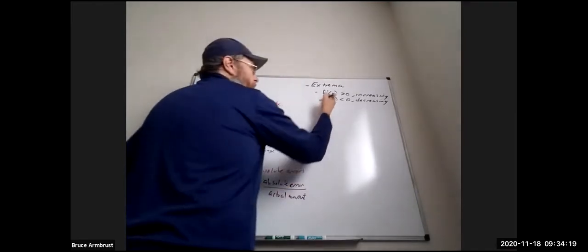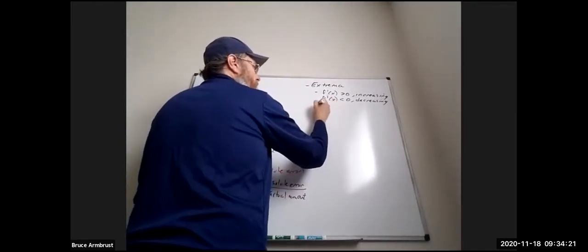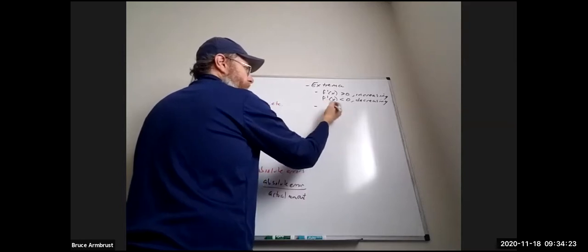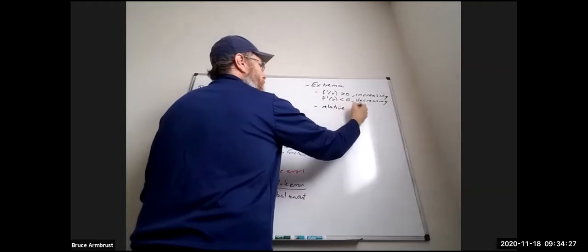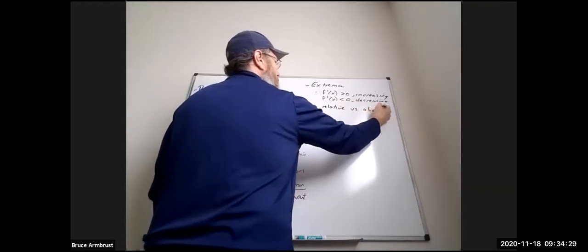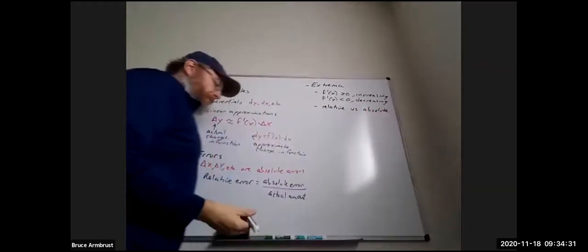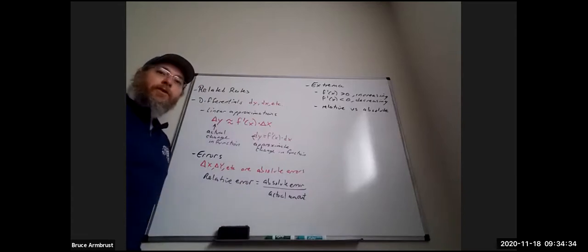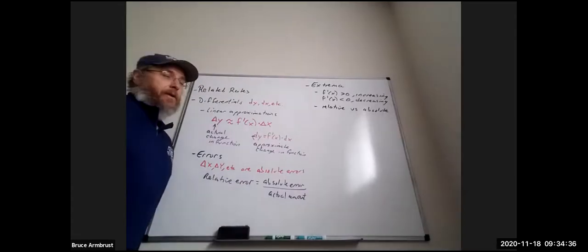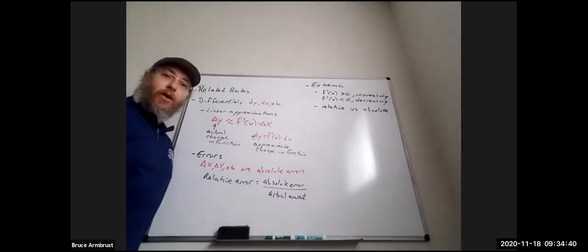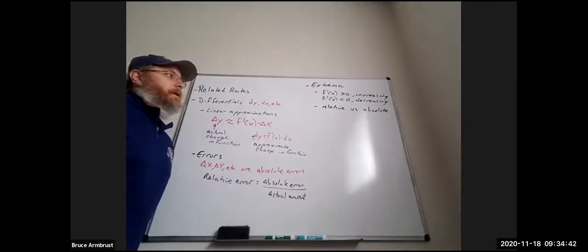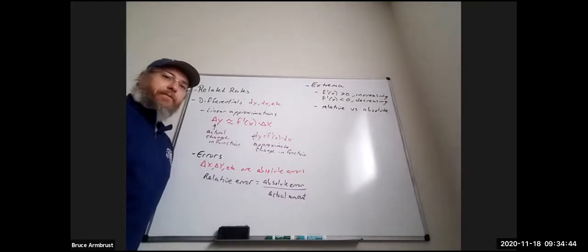Extrema occur where we switch, right? And in terms of extrema, there are a couple of types. There are relative and absolute. So you should definitely know the difference between a relative max, also known as a local max, versus an absolute maximum.